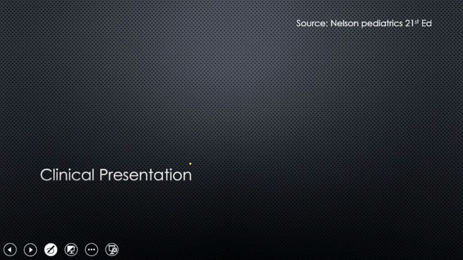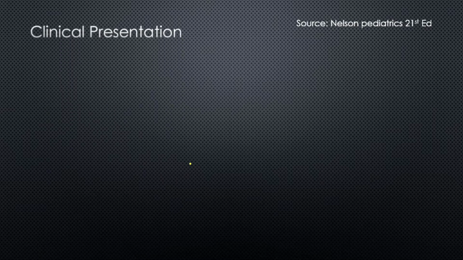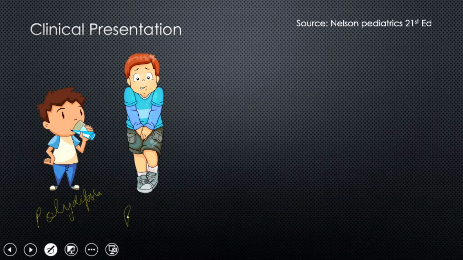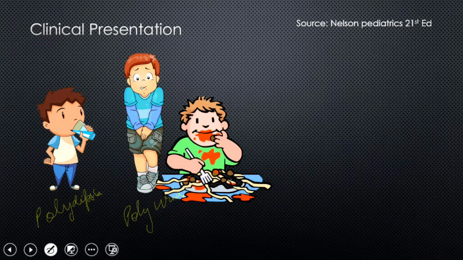So what are the clinical presentations of a child with diabetic ketoacidosis? First of all, learn the clinical presentation of diabetes as a whole. A patient with diabetes will have polydipsia, polyuria, polyphagia.